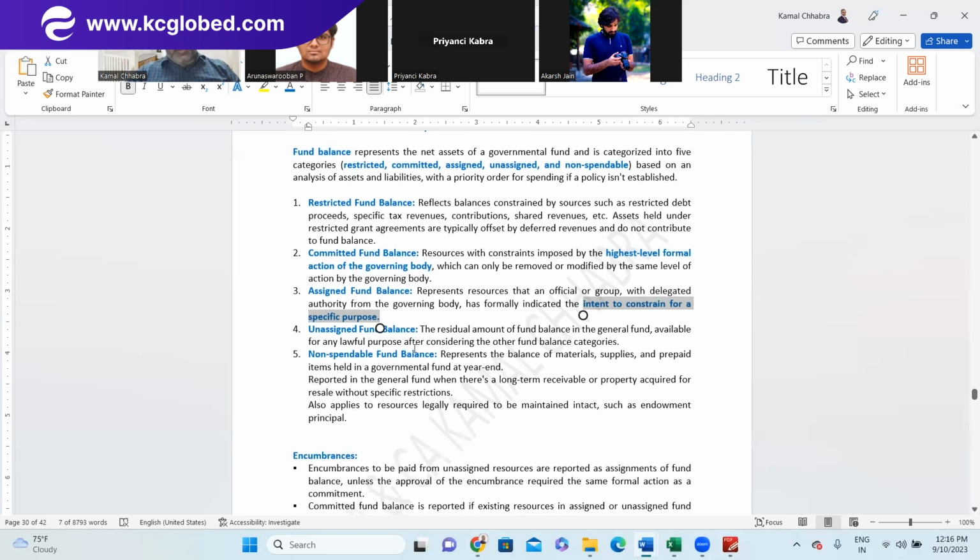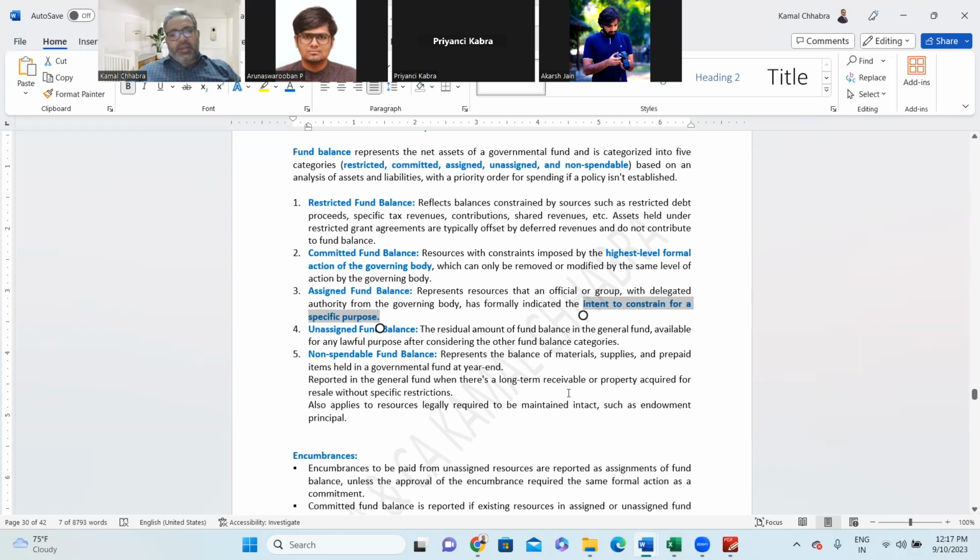Non-spendable fund balance represents the balance of materials, supplies, and prepaid items held in the governmental fund at year end, and reported in the general fund when there is a long-term receivable or property acquired for resale without specific restriction. It also applies to sources legally required to be maintained intact, such as endowment principal.